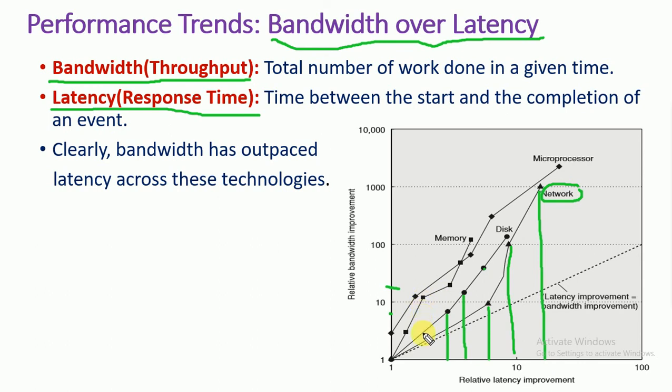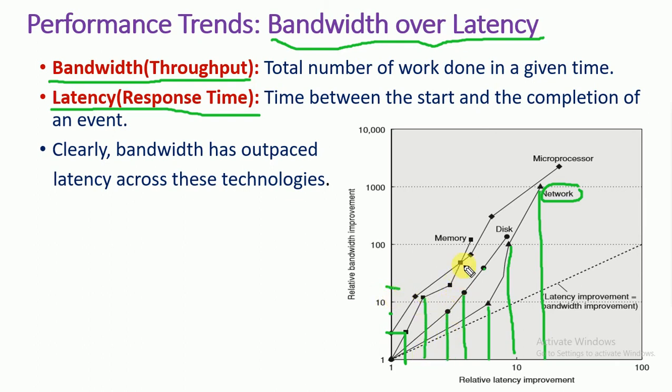For memory, initially the latency was given importance. When it was 2 times, here also it is bandwidth only. When it was around 2 times improvement, here it was around 4 to 5 times improvement. Similarly, when it was around 4 times, it is around 11-12 times.